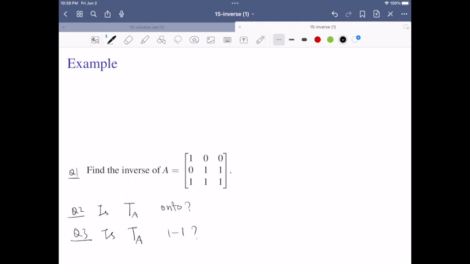In some textbooks, onto is called surjective, and one to one is injective. So those are equivalent terminologies.